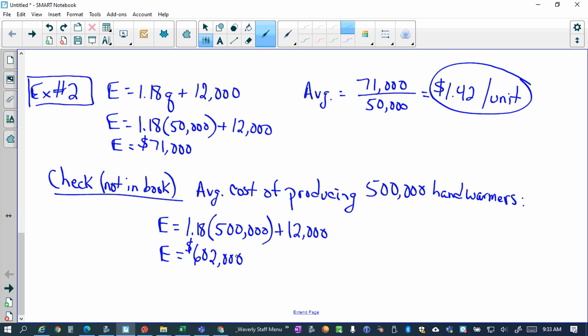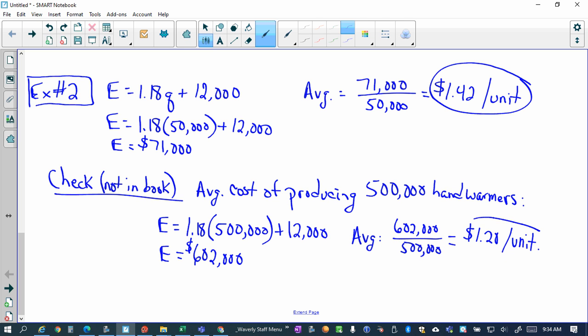All right, now let's get our average. So it's 602,000 divided by what? Well, how much money? $1.20, right? $1.20 per unit.